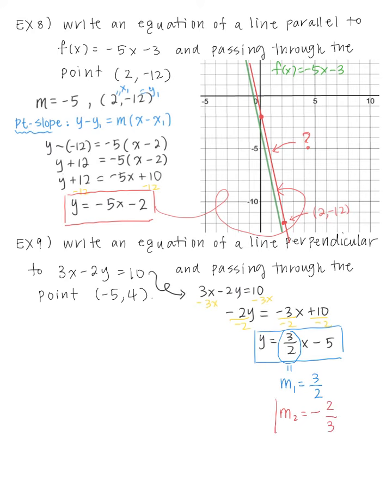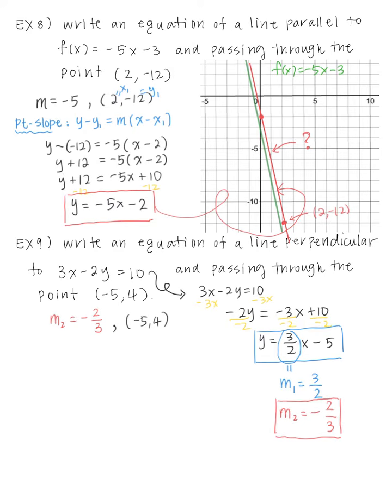So this is the slope of the perpendicular line that we're looking for. So let me write down what we got. Our perpendicular slope better be negative 2/3, and at the same time, it better be passing through negative 5, 4.